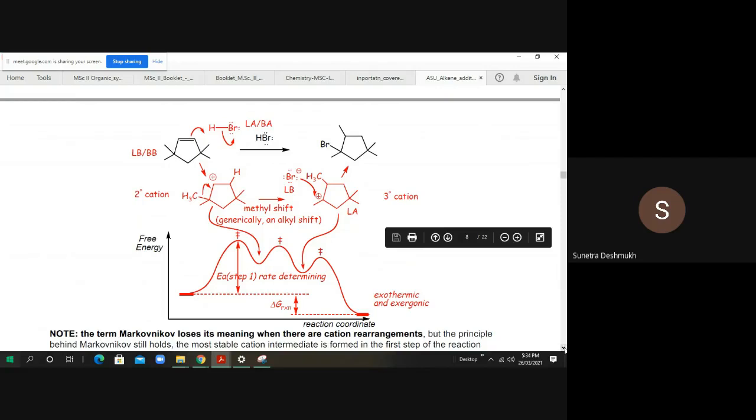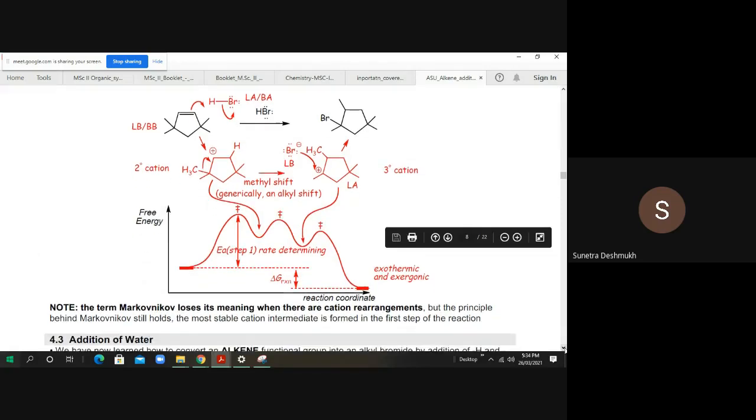So pay attention. Here I have written a note, and this note is very important. The Markovnikov addition rule loses its meaning when there is a carbocation rearrangement.